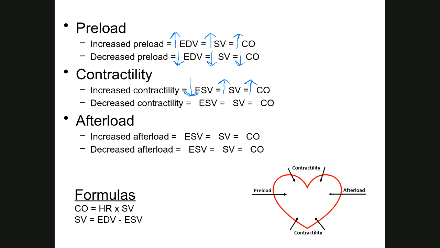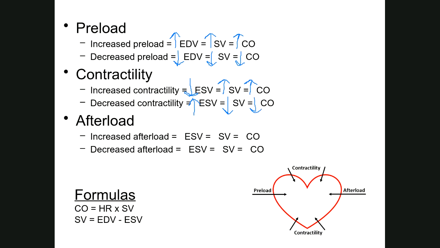And in that particular scenario, because more blood's staying in the left ventricle, we're going to have an increase in ESV, or an increase in the amount of blood in the left ventricle at the end of systole. If ESV increases, that means less blood is going into the systemic circuit, so our stroke volume decreases. When our stroke volume decreases, you guys know cardiac output is going to decrease as well.